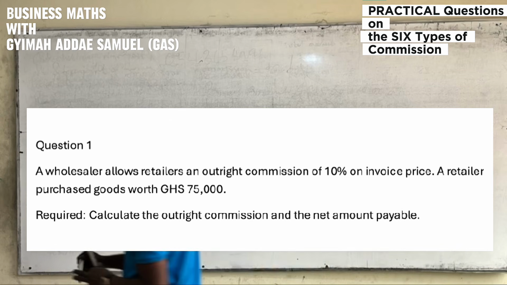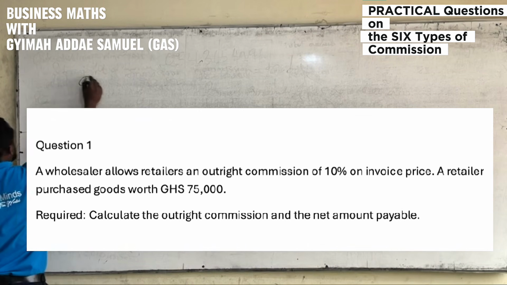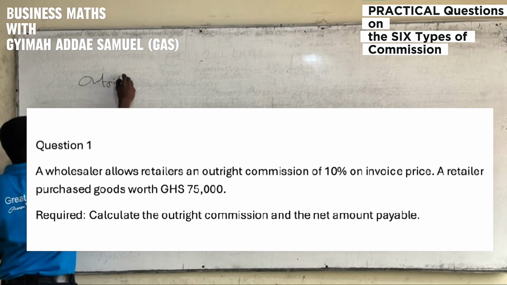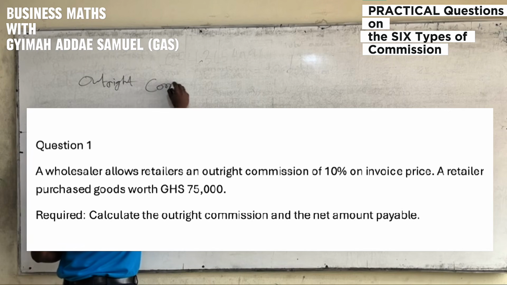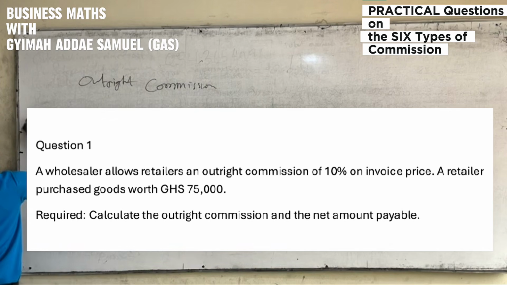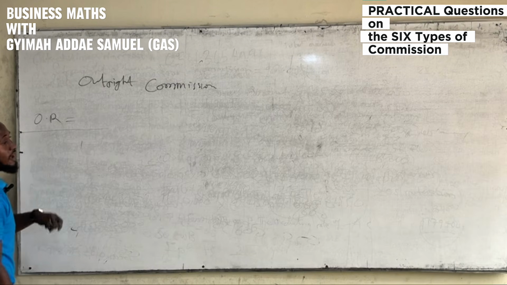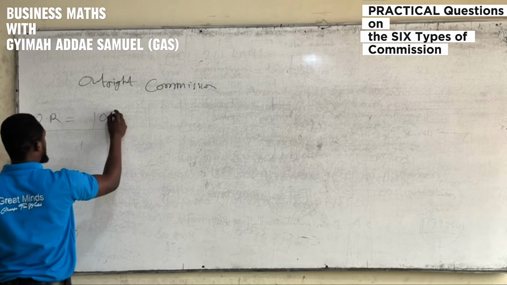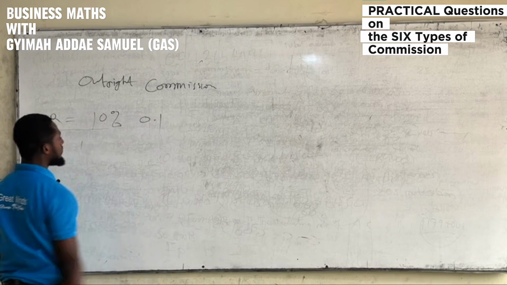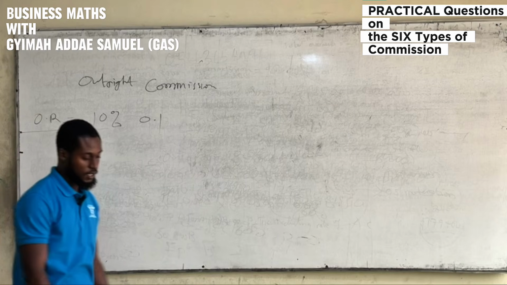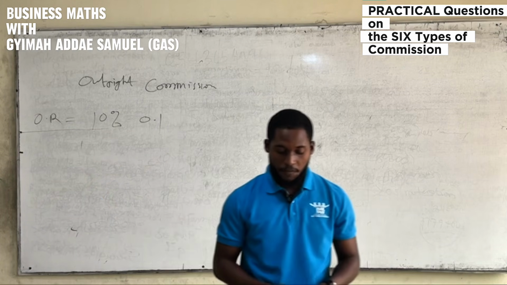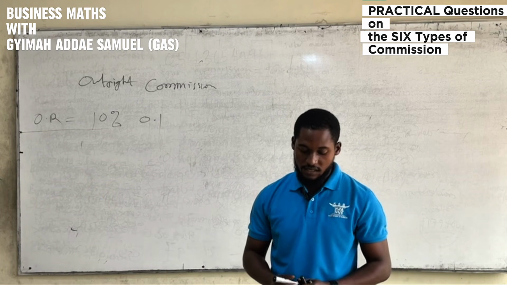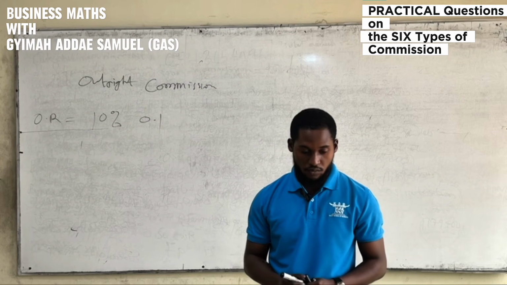So the outright rate here, the OR, is 10% on invoice price. When converted to decimal, it becomes 0.1.